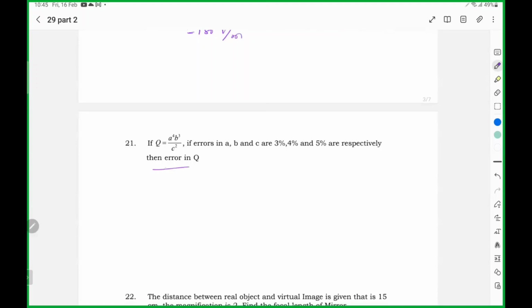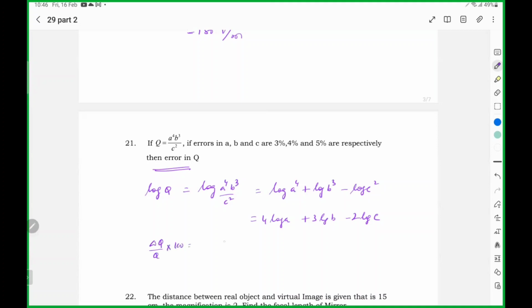Here percentage error in Q, log of A power 4 plus log B cube minus log C square. So the maximum error in Q will be, even though negative is there, we calculate the maximum error.